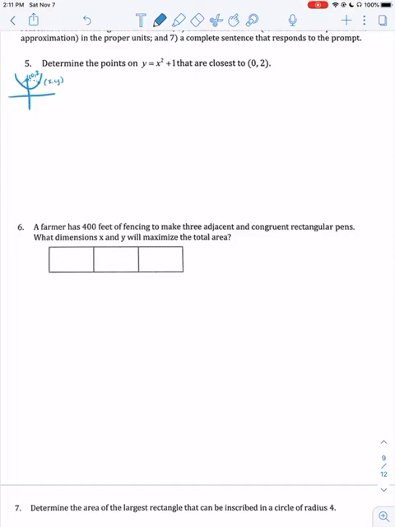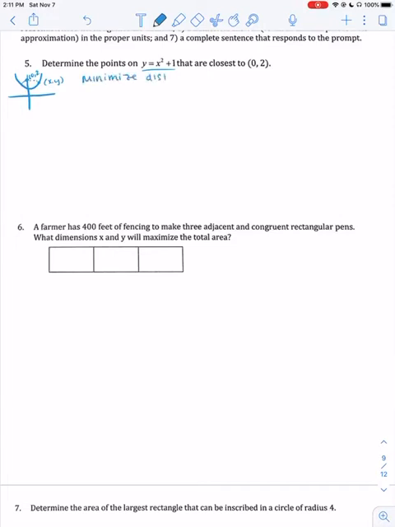So what do we have here? Well, the constraint is really the given equation, right? It has to satisfy this y equals x squared plus 1, so that's the constraint. And then the goal is, if we're finding points that are closest, we're minimizing the distance.